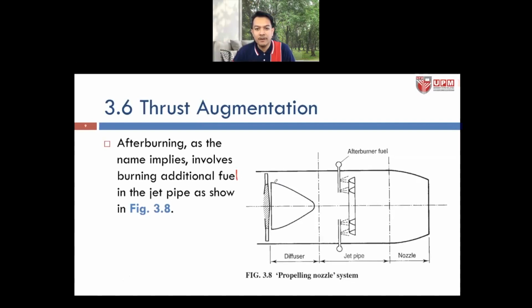So we have the hot air coming out from the turbine stages, and then we have the jet pipe where we introduce the afterburner fuel system to further ignite the hot flow gases, and it produces more thrust coming out from the exit of the nozzle.